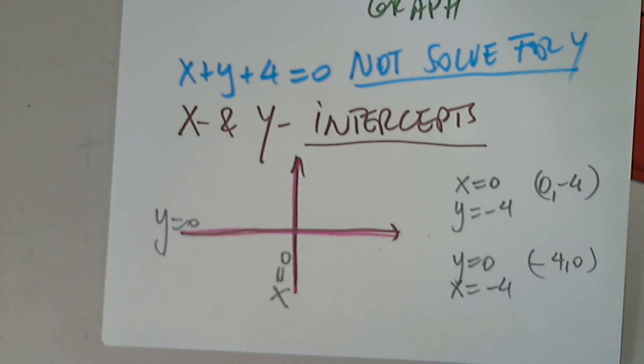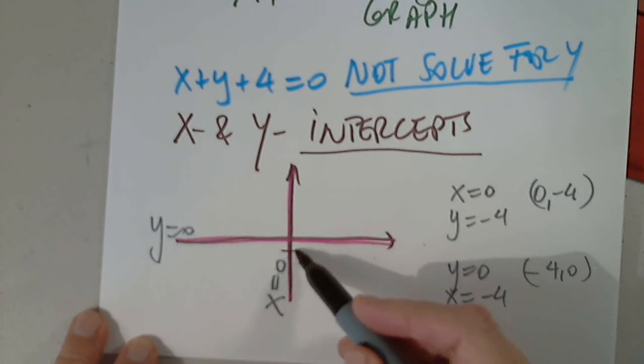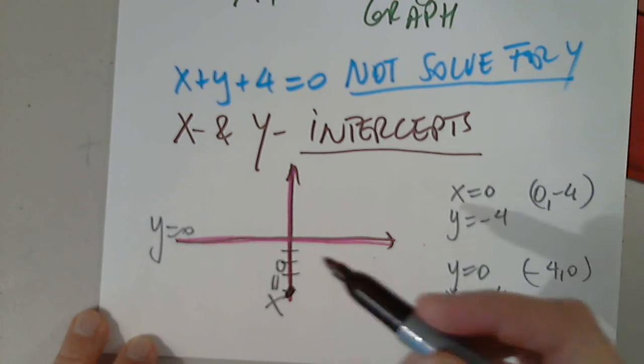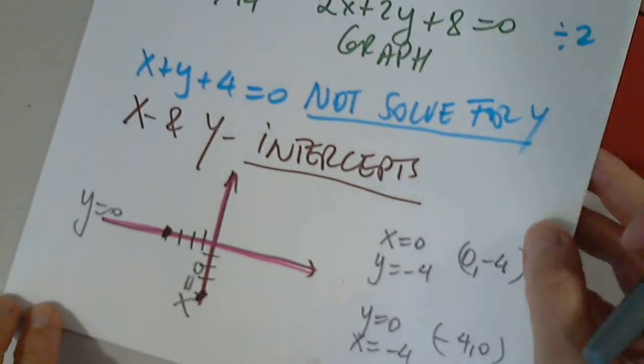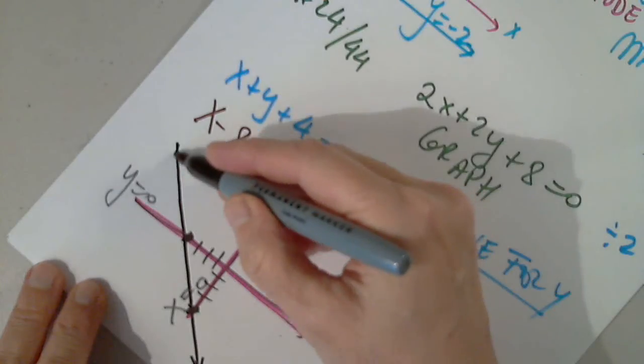Okay, so coming back and knowing that (0, -4) and (-4, 0): 0 for x, -4 for y, and -4 for x, 0 for y. At this point, I will connect and extend and put arrows.